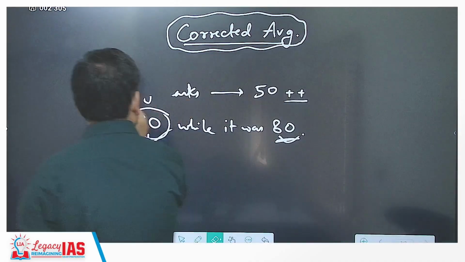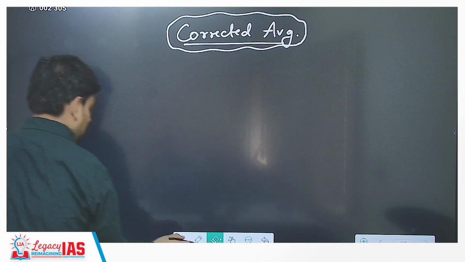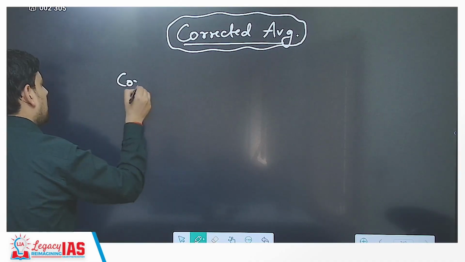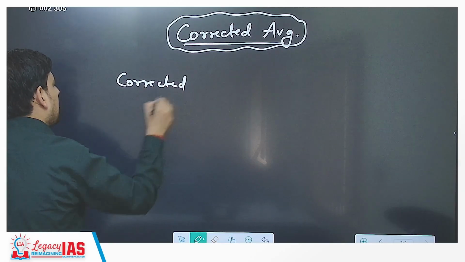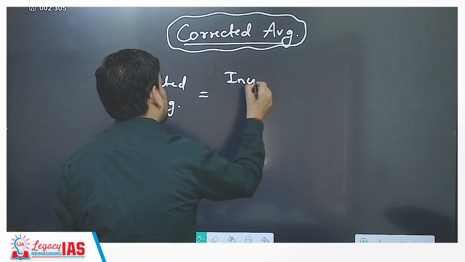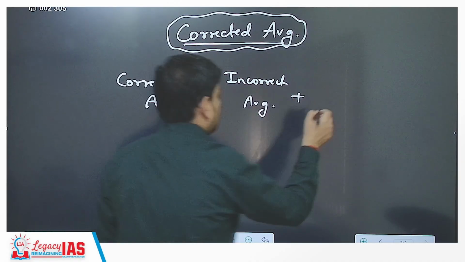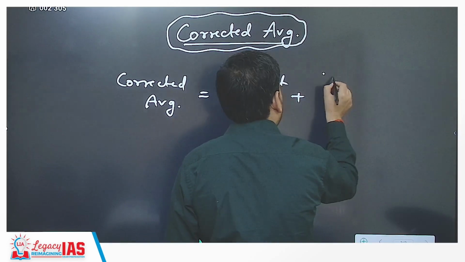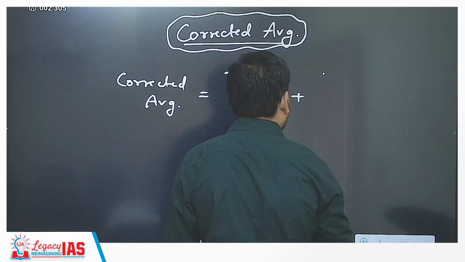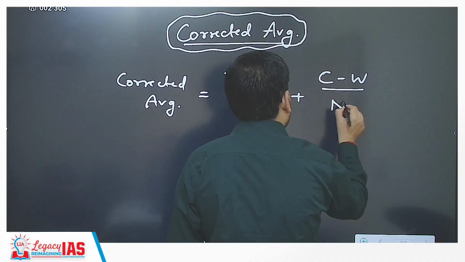Corrected average is equal to incorrect average plus the summation of whatever was the correct number minus whatever was the wrong number, divided by n.